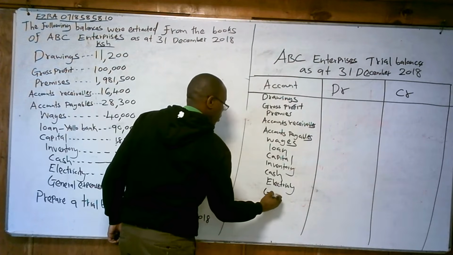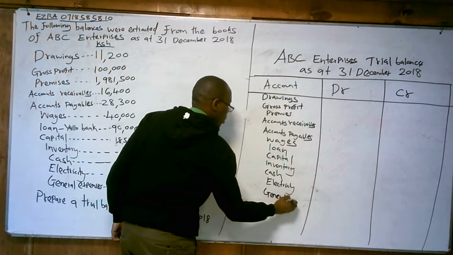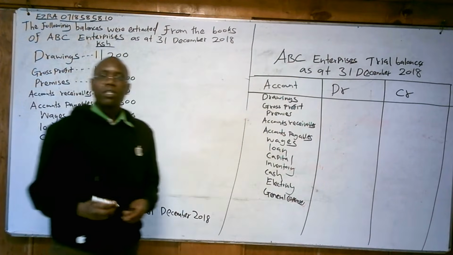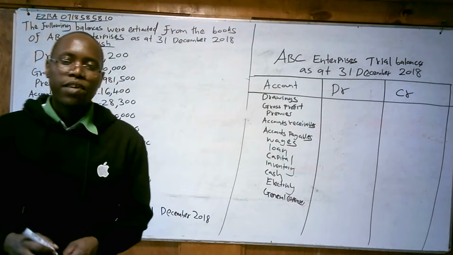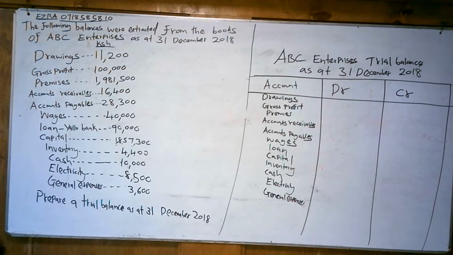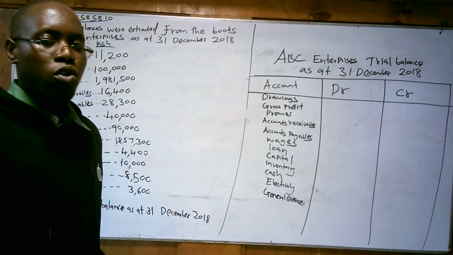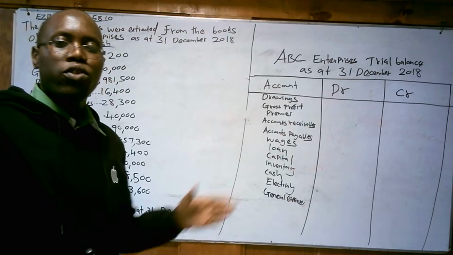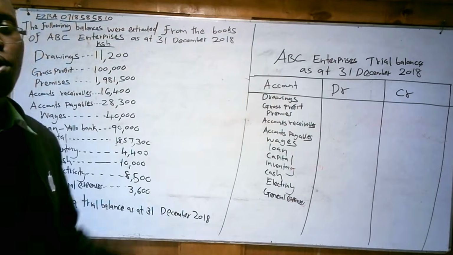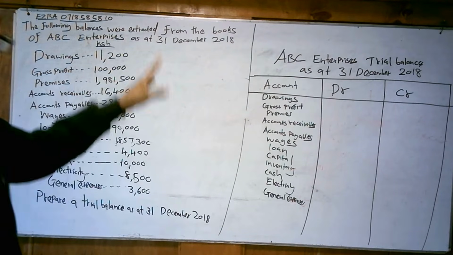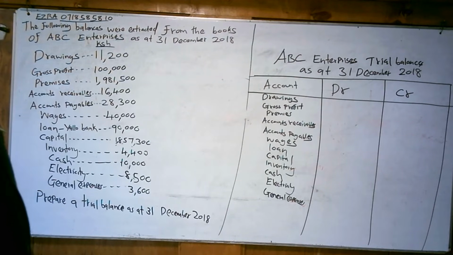These are the accounts that we have been given in that information. All those accounts we are supposed to put under the column of accounts that you can see there, so the accounts are going to be in the accounts column in that manner.